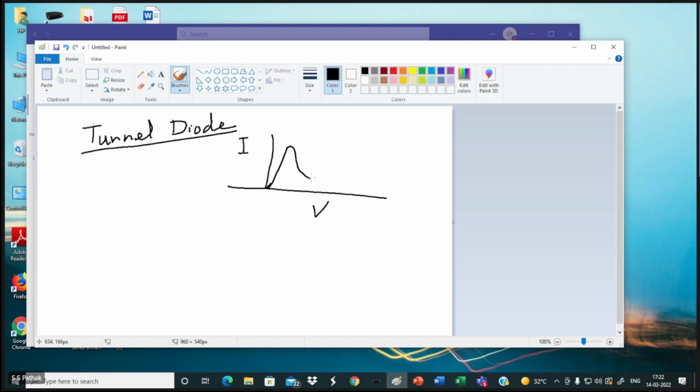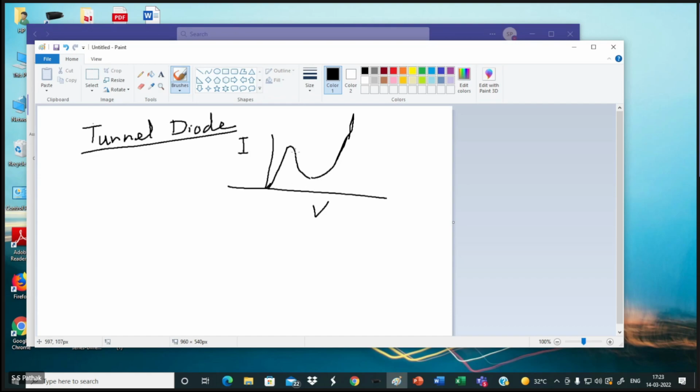Now when voltage is increased further, it goes like that. This is a nonlinear portion. The VI characteristic for a tunnel diode comes like that. May I know how this happens? Can I measure this portion? Yes, I can measure it because I am changing my voltage and measuring my current.